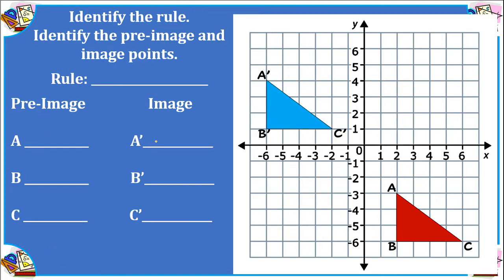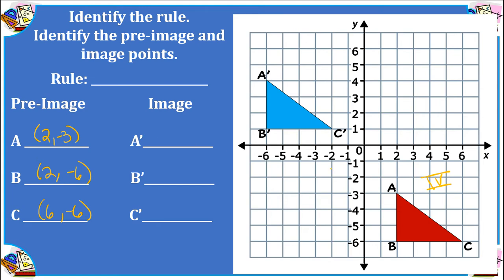Okay, here's our first example, and we are going to identify the coordinates of our original image. So we have triangle ABC, and A is 2 comma -3, B is 2 comma -6, and C is 6 comma -6. So this is quadrant 4, again, where we have positive, negative coordinates.